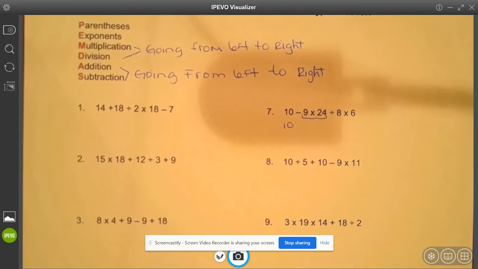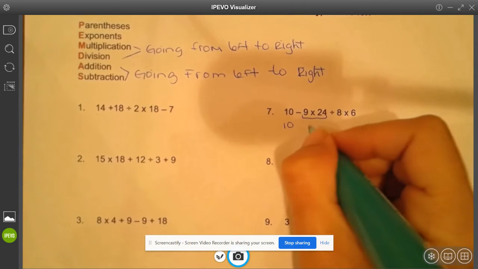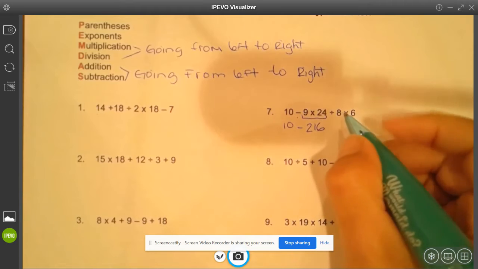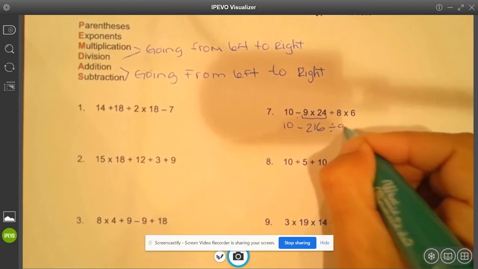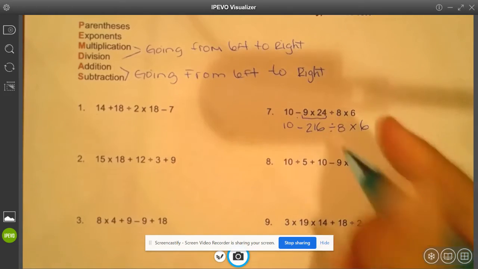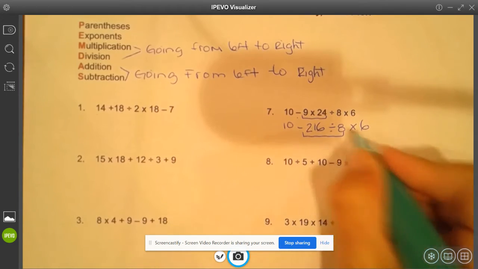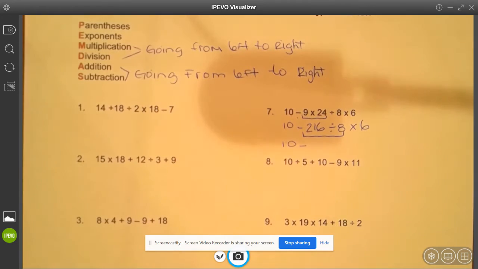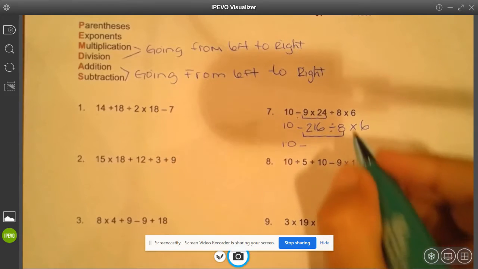9 times 24 is 216. So minus 216, where do I get that minus from? From here. And then divided by 8 times 6. Now again, from left to right. So I'm going to solve for this first. I'm going to rewrite that 10 and then negative 216 divided by 8, that is negative 27.